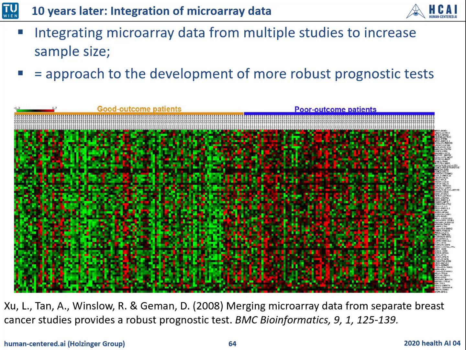However, I must say, due to the small sample sizes of these individual studies, the overlap among signatures is low, and their predictive power is often limited, of course. But integrating microarray data from multiple studies in order to increase the sample size is therefore a promising approach to the development of more robust prognostic tests. So here, robustness is also a very, very important desired effect.